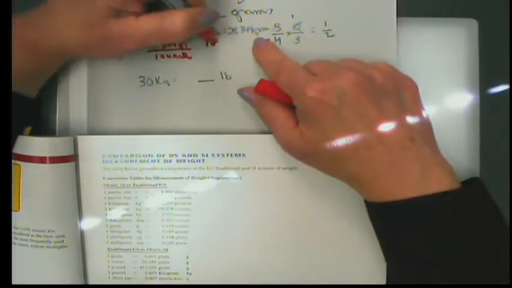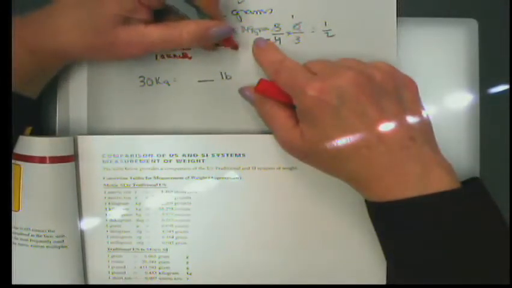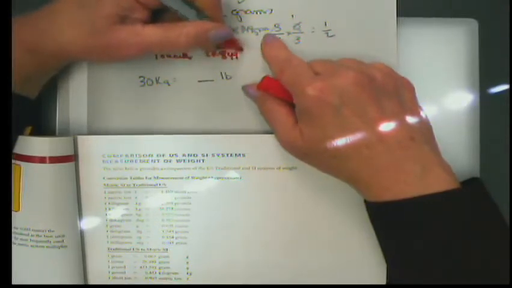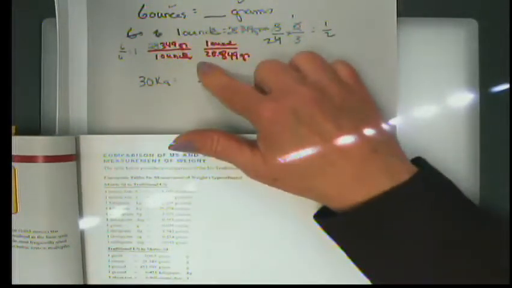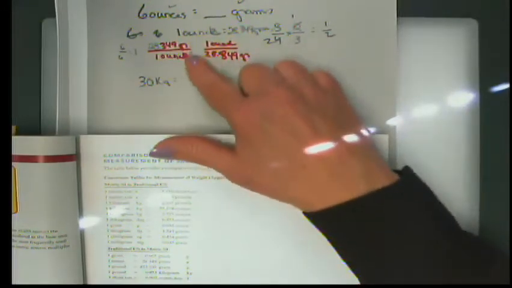And similarly, 1 ounce over 28.349 grams, you can also multiply anything by that. Those are called conversion factors. Using that idea and the idea of anything being the same in the numerator and the denominator canceling out will allow you to convert anything to anything.